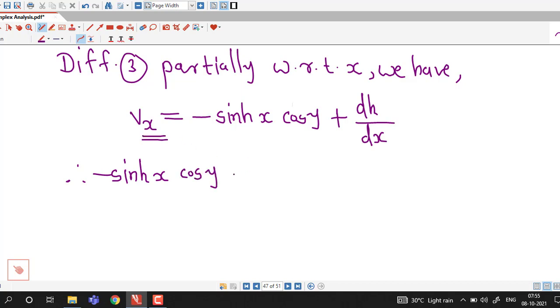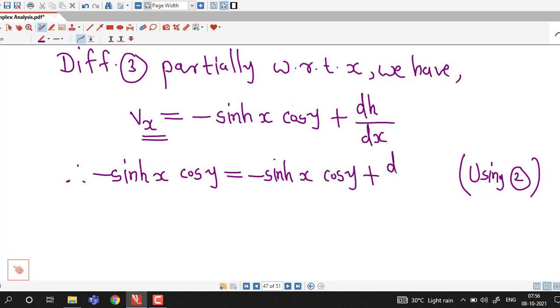We put the value of del v by del x from equation number 2 here, and the right hand side is minus sin hyperbolic x cos y plus the ordinary derivative of h with respect to x. So we can see, if we take this on the right hand side, we have 0 equal to the derivative of h with respect to x.